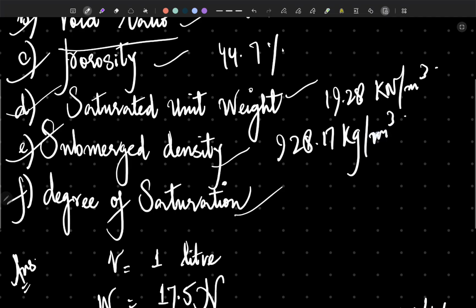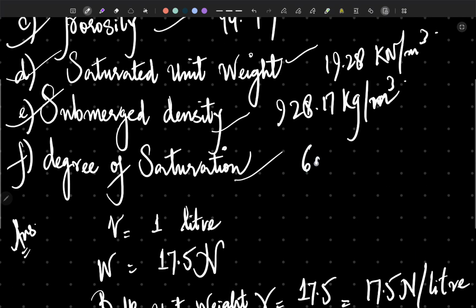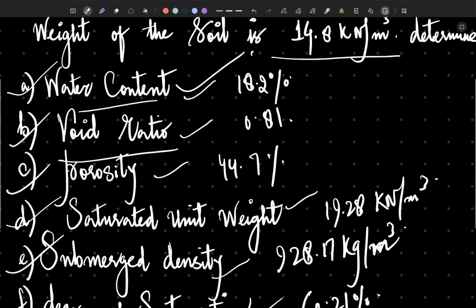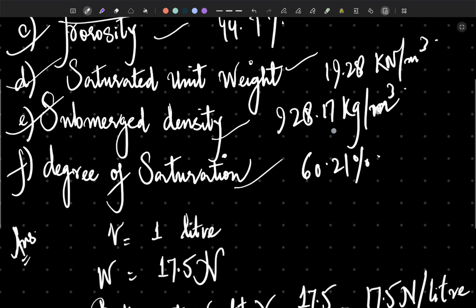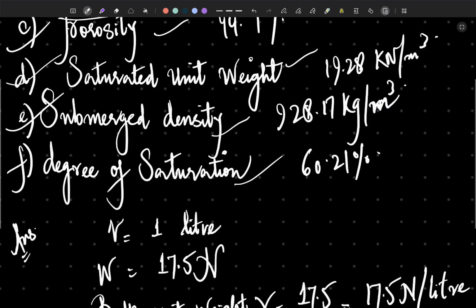And degree of saturation, 60.21%. So we have completed this question completely. We have found all the parameters: the water content, void ratio, porosity, saturated unit weight, submerged density, as well as the degree of saturation. All right. Moving on to the next one.